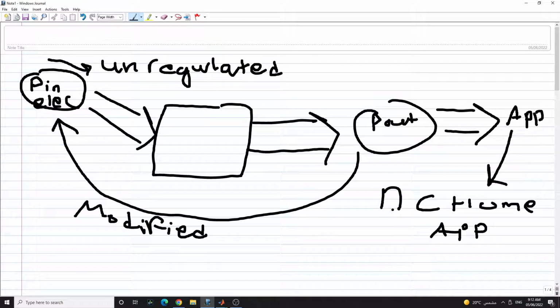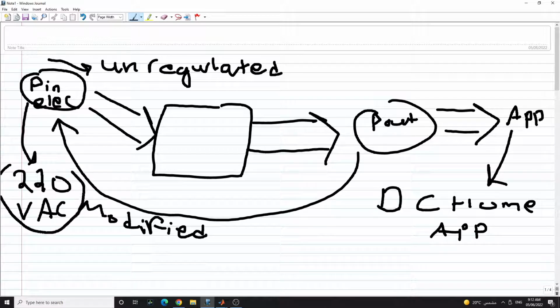If you think about it, your DC home appliance is taking in an input power of, for example, 220 volts AC, and in some way returning this 220 volt AC as, for example, 12 volt DC. So we had AC input power and we transformed it into DC output power, and hence we changed the form of our power. So we're modifying our power one way or another.